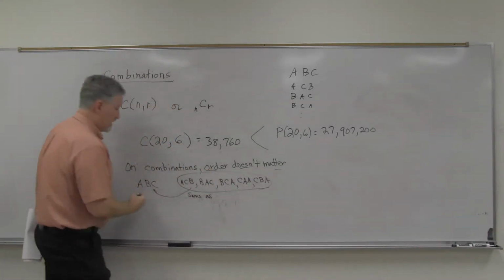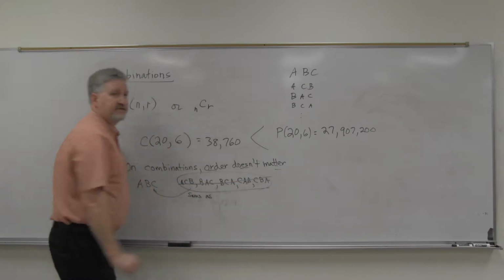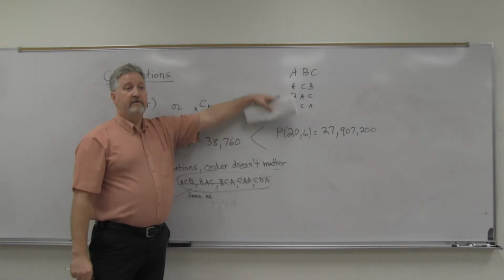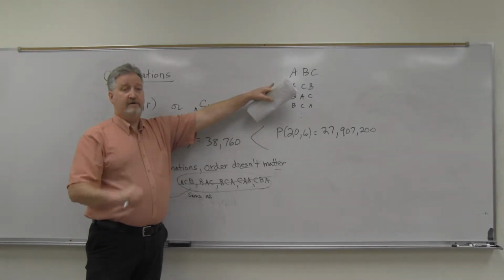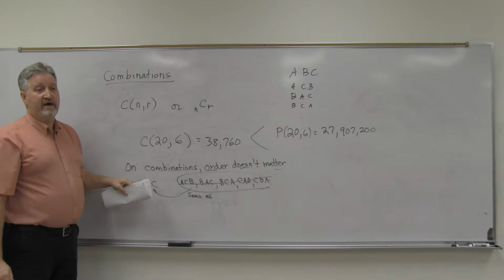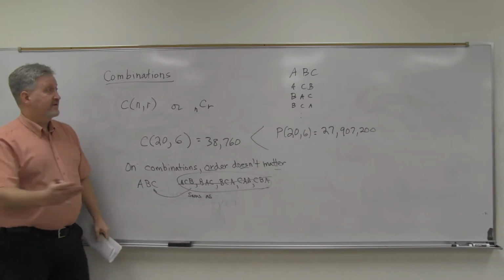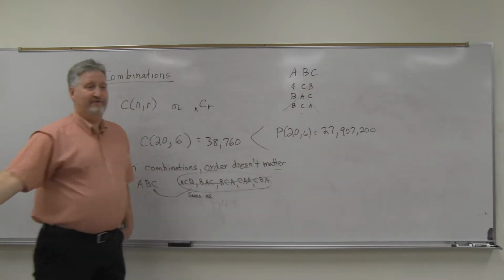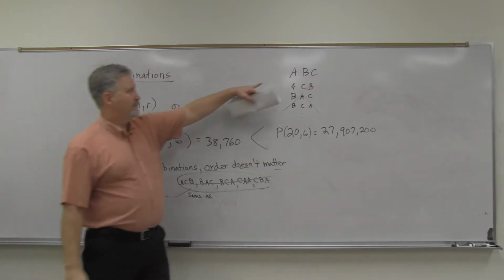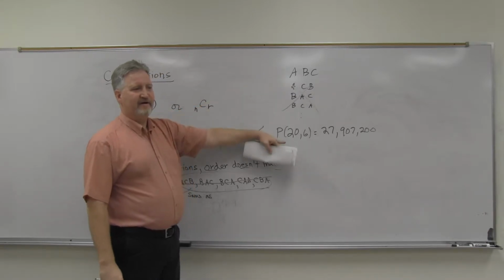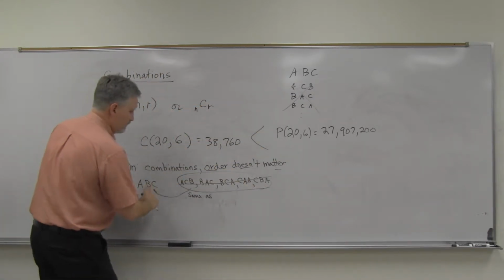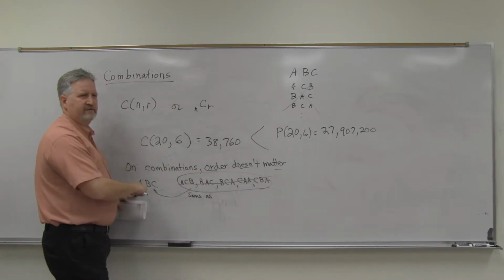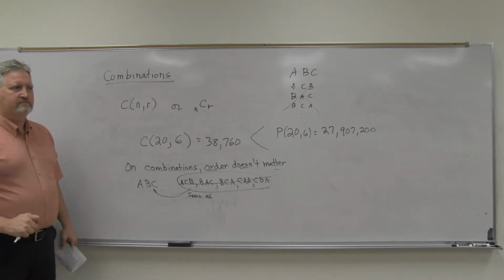You with me? They're not like permutations where rearranging them matters. So that's why you have so many permutations, because these all counted. On combinations, they won't. You're going to have just one out of all these possibilities. Instead of 1, 2, 3, 4, 5, 6 all counting, just one of them counts.